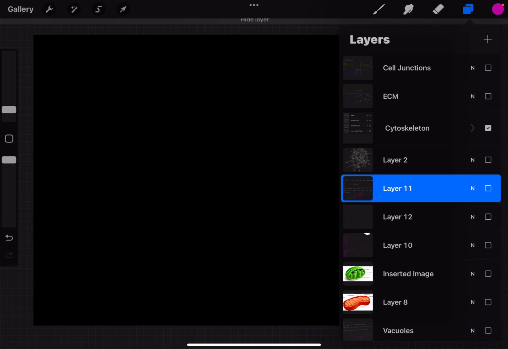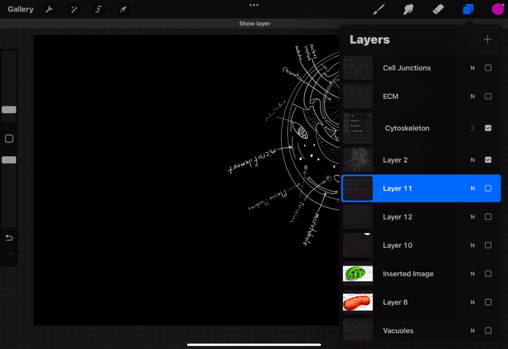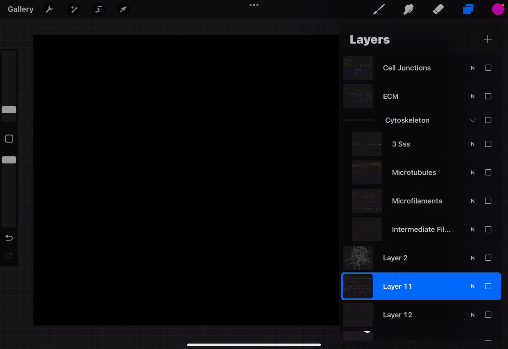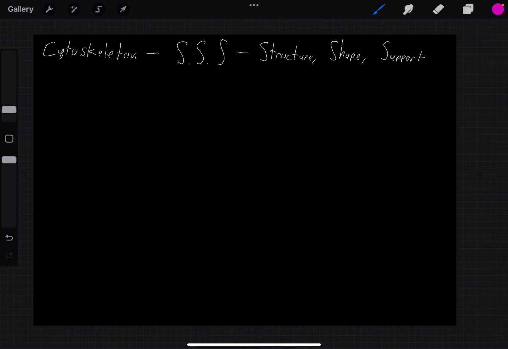So now that we're done talking about peroxisomes, we have to talk about the next part of the cell, which is the cytoskeleton. Now, there's three things in the cytoskeleton that make it up, and all three things you have to know.